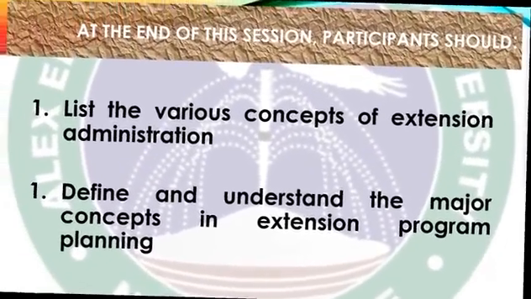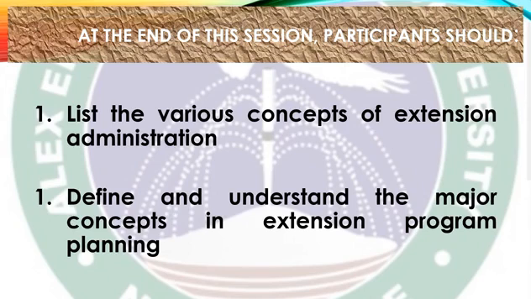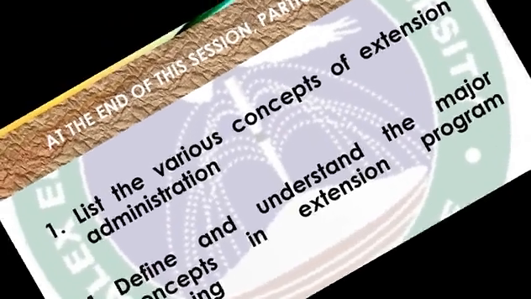Then, after listing those concepts, we also expect that every participant should be able to define and understand the major concepts in extension program planning. Those major concepts that relate to extension program planning, we expect everyone to effectively and adequately understand them.